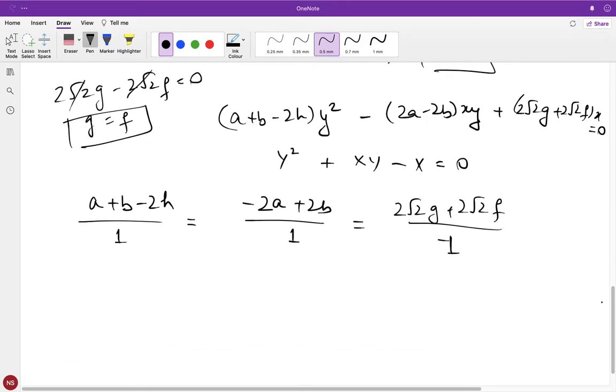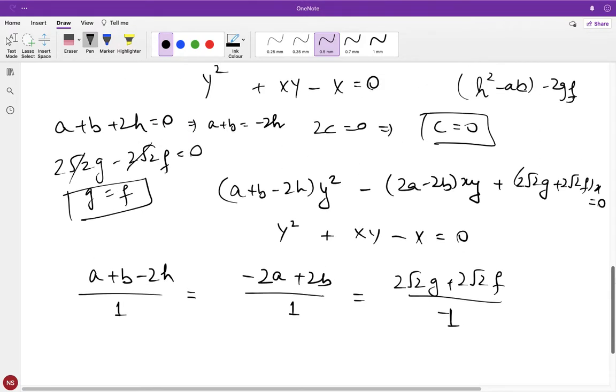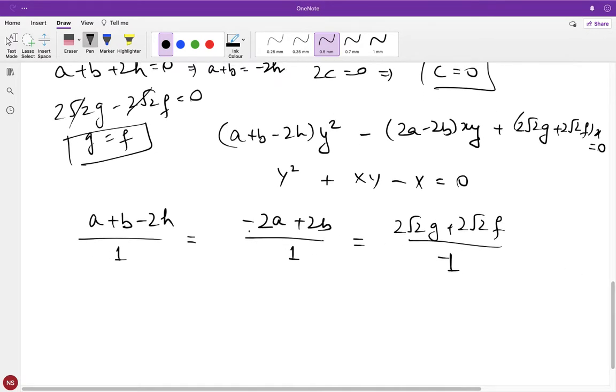So what do we have here? We also know that g is equal to f, so this is equal to minus 4 root 2 g, right? This is equal to minus 4 root 2 g.